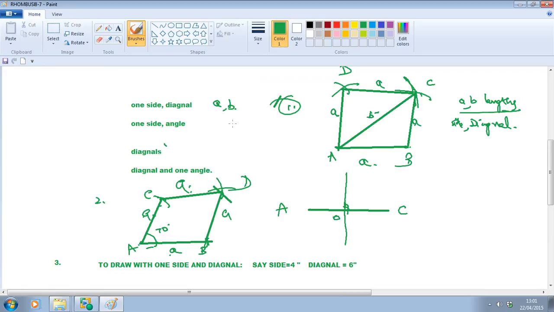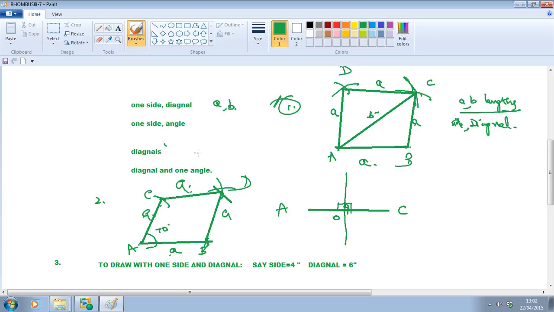So diagonals of a rhombus cut each other at the center point, you know. So this is perpendicular. You draw a perpendicular with O as center. Now you know the length of the diagonal.